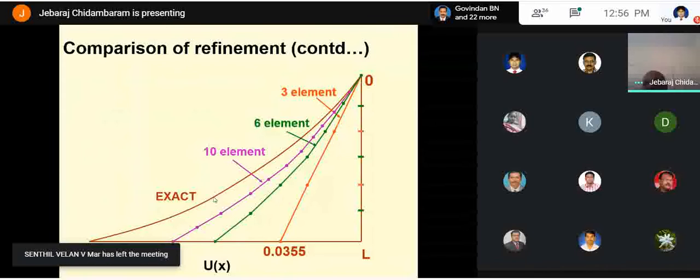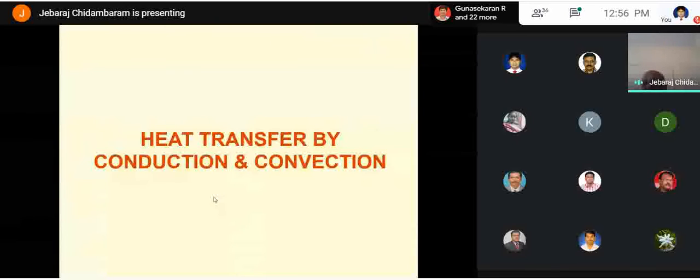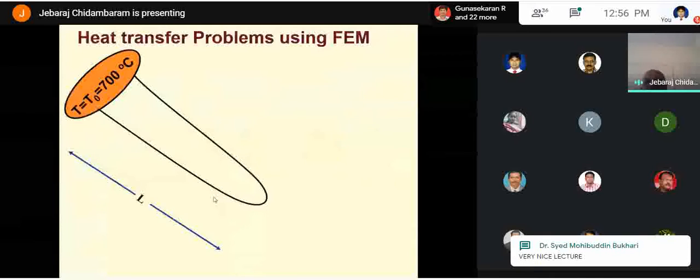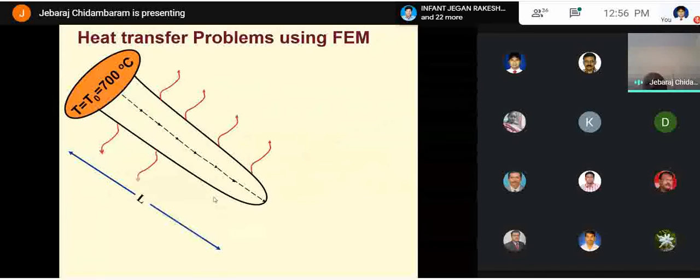The next one is to do a heat transfer problem. A cooling fin. The heat at one end is 700 degrees, and is dissipated by conduction and convection.